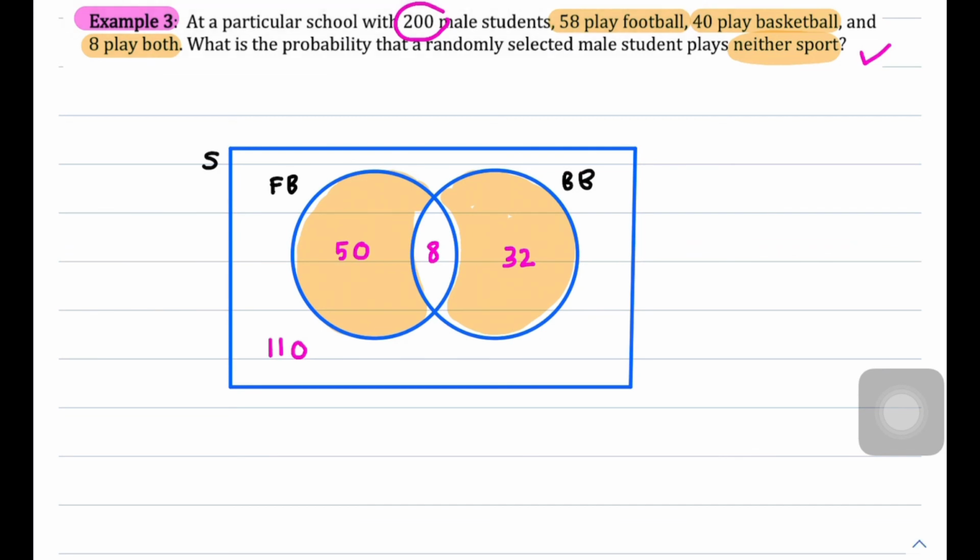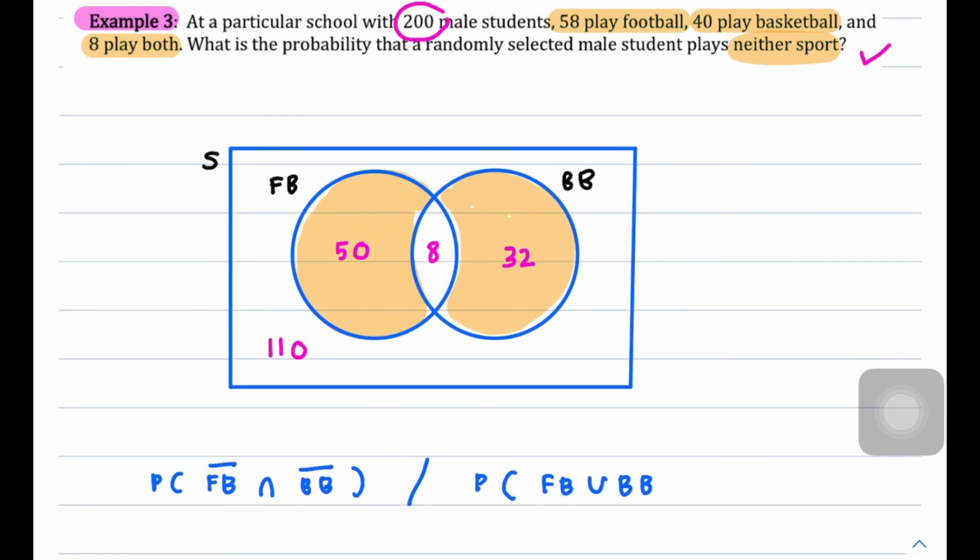So how can you calculate plays neither sport? You can symbolize it as not playing football and also not playing basketball. That is the symbol for that question, plays neither sport. Or you can have the symbol of football union basketball. Now, where is football union basketball? The things inside the circles.